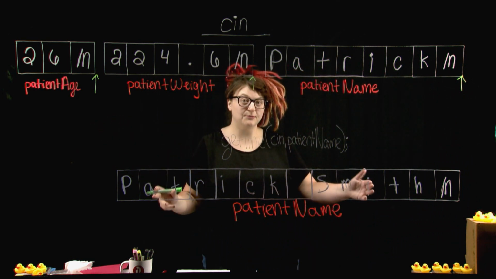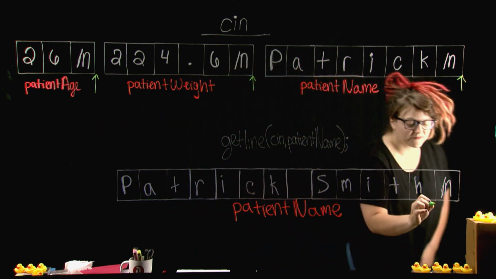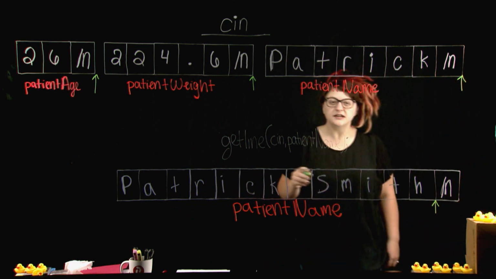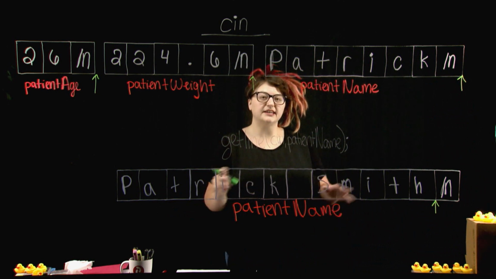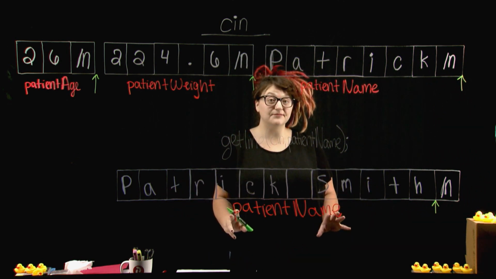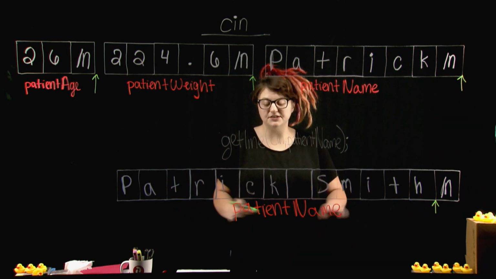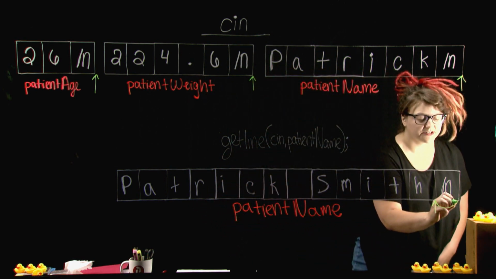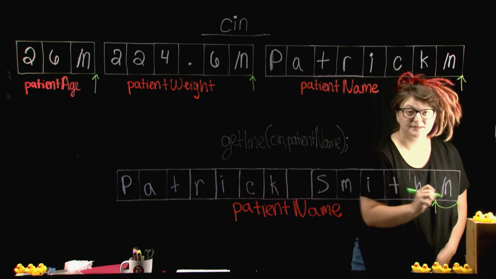Getline, however, we know, stops right before that new line character. That means that if you're using getline, and you're going to collect information after it, you need to use a cin.ignore to clear this character here out of the buffer before you can collect that next piece.